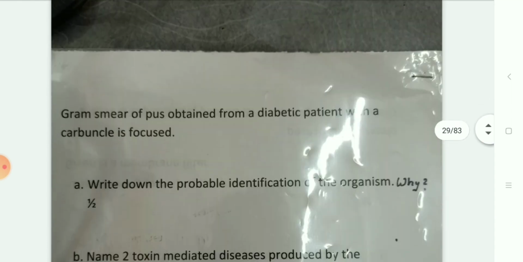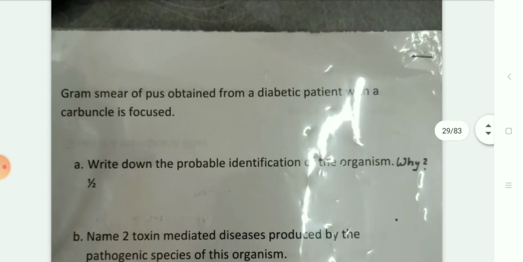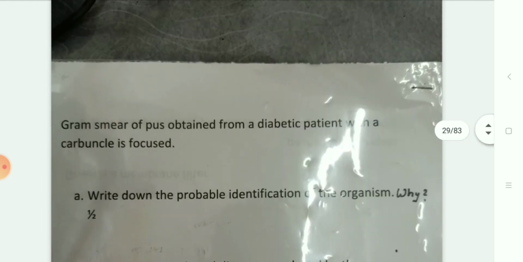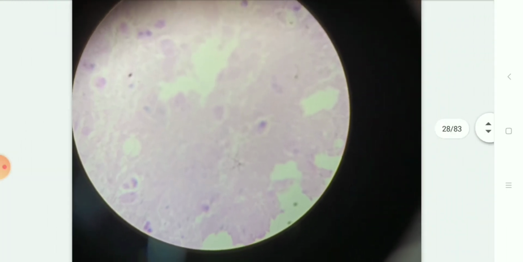Then a Gram smear of pus obtained from a diabetic patient with a carbuncle is shown here. Then write down the probable identification of the organism. This Gram smear shows Gram positive cocci arranged in clusters and pairs with numerous pus cells.